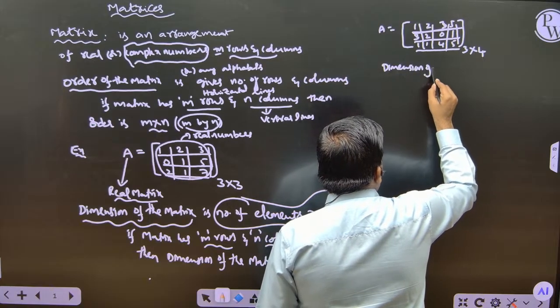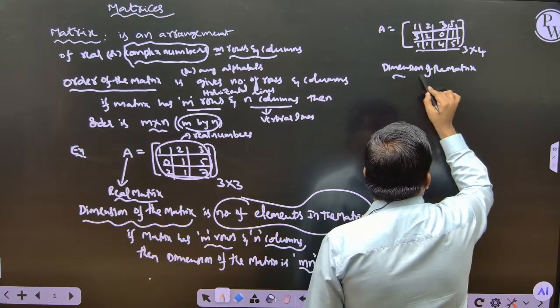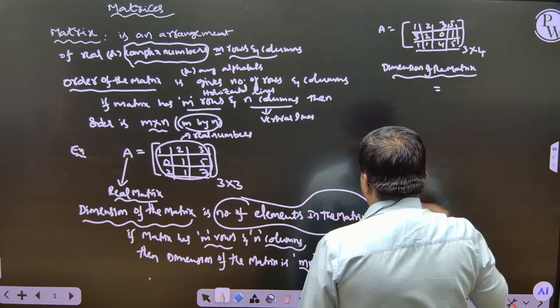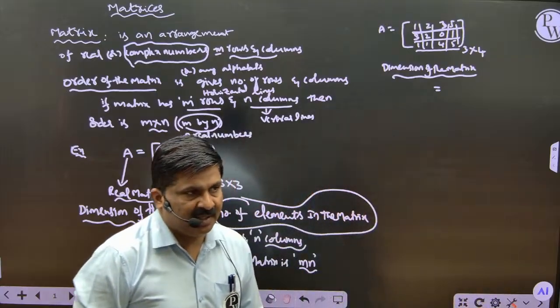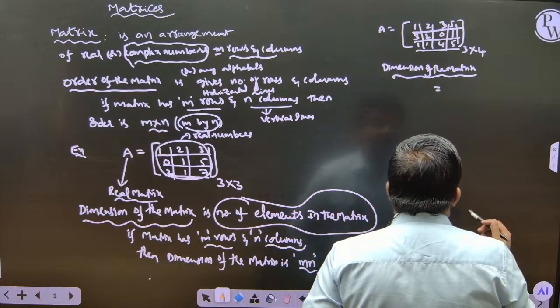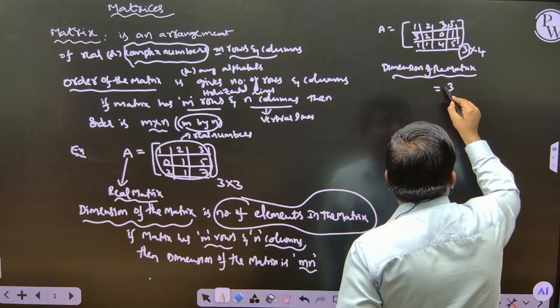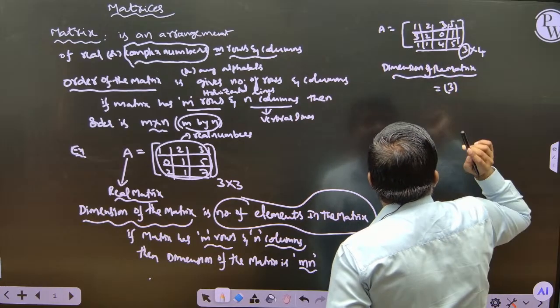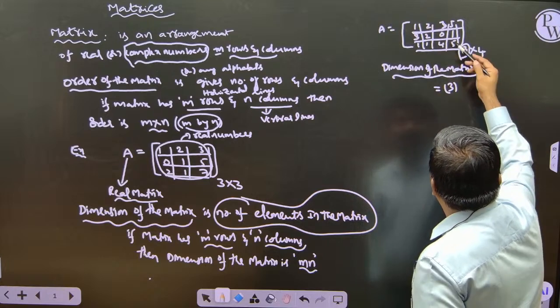What is the dimension of the matrix? The dimension of the matrix gives the number of elements in that matrix. Here we have 3 rows.